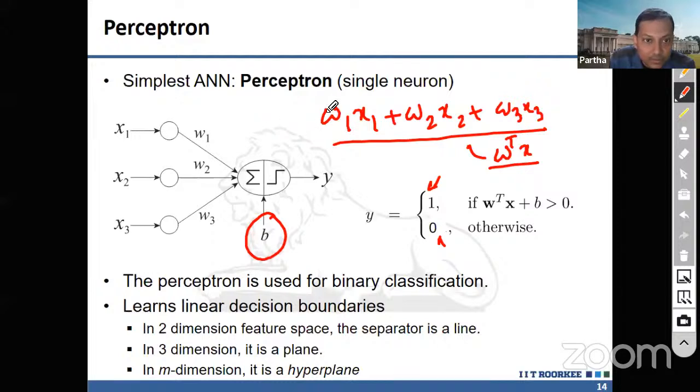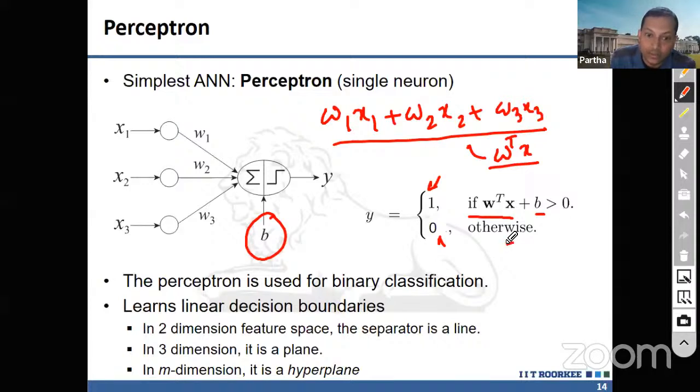For example, if x1 is height and I multiply x1 with w1, that's 30%. So 0.3 into x1, plus 0.2 into x2, plus 0.5 into x3. That's it. If this total sum plus bias is greater than or equal to 0, it is of one category, otherwise it is the second category.